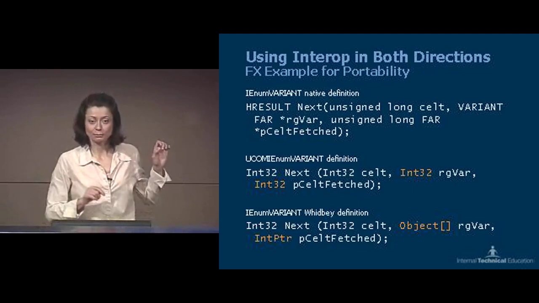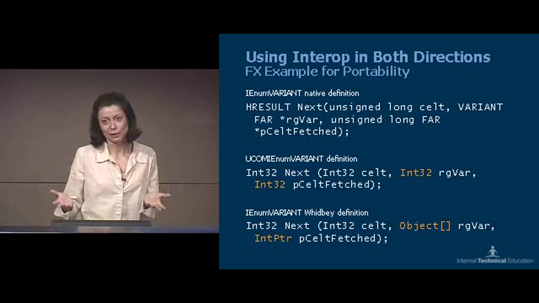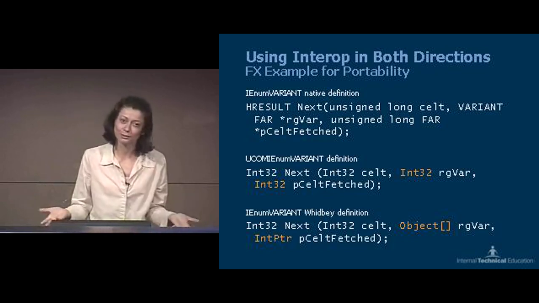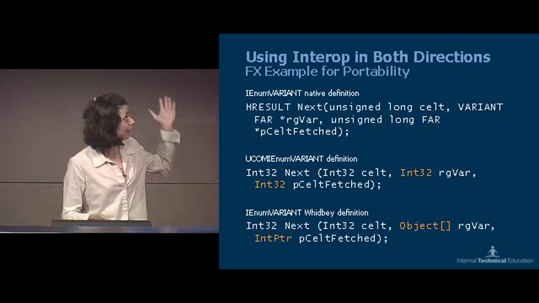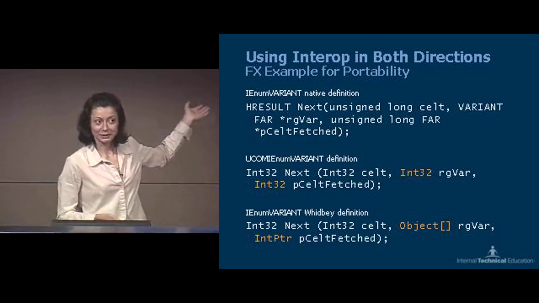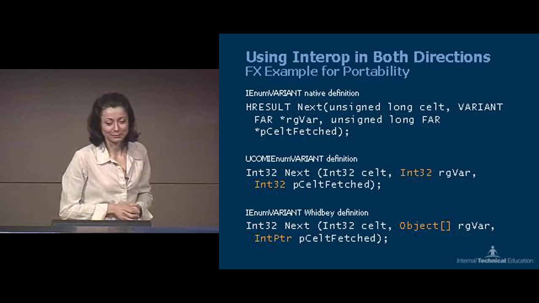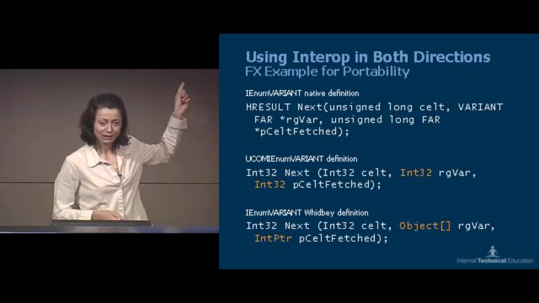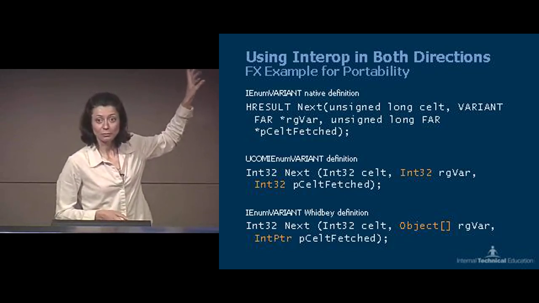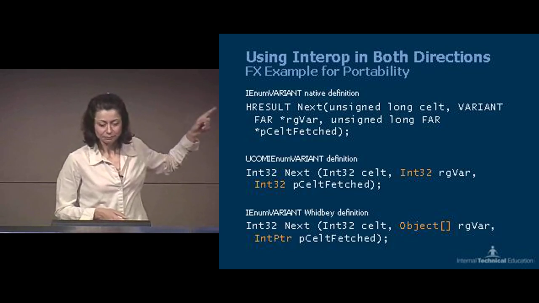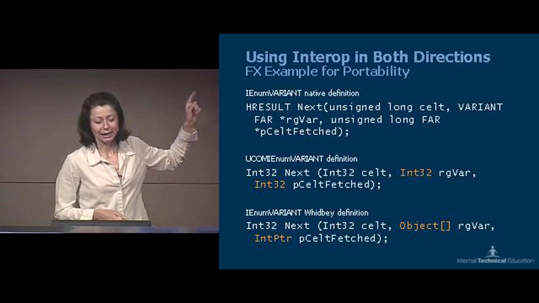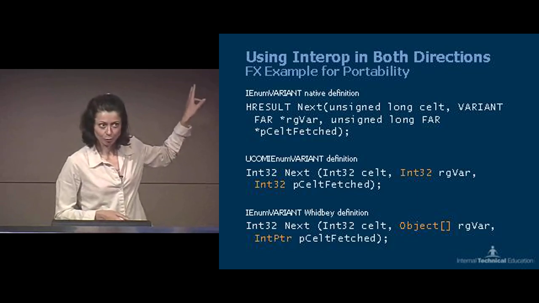Use the IntPtr type. Integers are 32-bit, and they are not good on a 64-bit platform. And you might say, why are you giving me such advice? Who would ever use an integer for a pointer? Well, here's an example. We did it in the .NET Framework in version 1. If you look at the COM version of this interface, INoVariant, you see there are 2 parameters that are pointers.